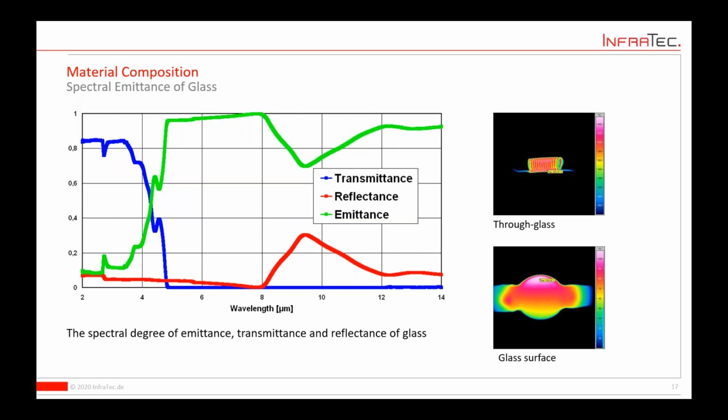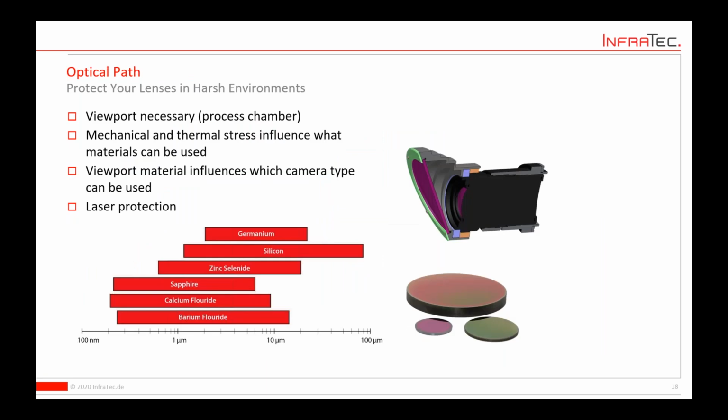Some kind of approach, what is my material, what are my measurement optics made of, is also a good starting point to think about what kind of IR camera I need for my application. Referring to this, sometimes it's also necessary to look at the optical path of your measurement.